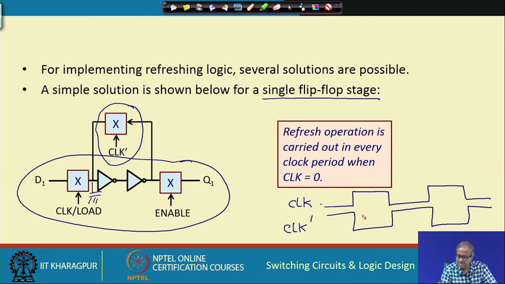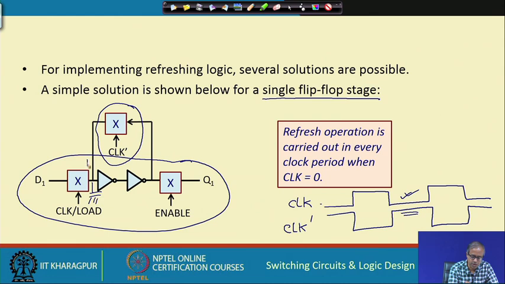But when clock is 0, new data is not getting stored, but this transmission gate is now open because it is activated by clock bar being high. So, what will happen? Whatever is stored in the output of the second NOT gate comes back to the input of the first NOT gate and it recharges the capacitor.